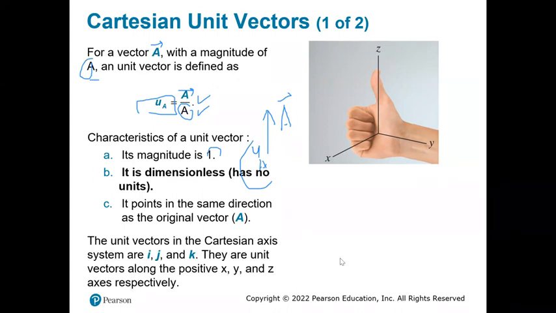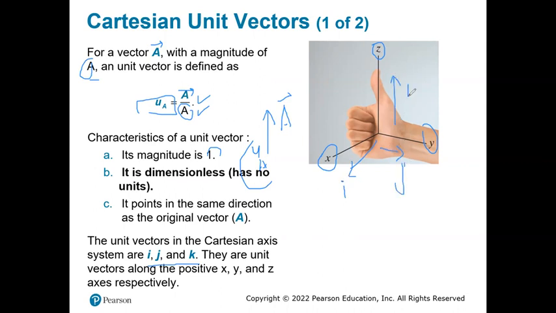In a Cartesian axis system, we get unit vectors i, j, and k, and they are unit vectors along the positive X, Y, and Z directions. For example, let me assume we have X, Y, and Z. The unit vectors in those respective axes are going to be i, j, and k.